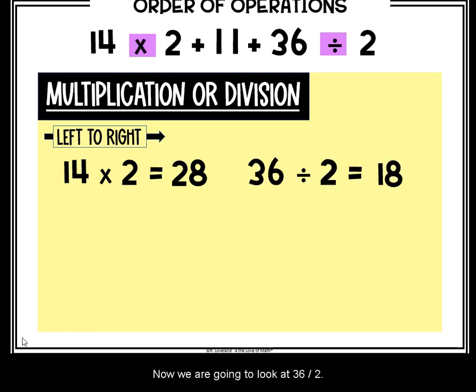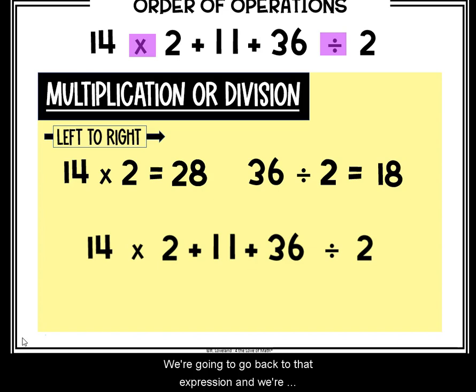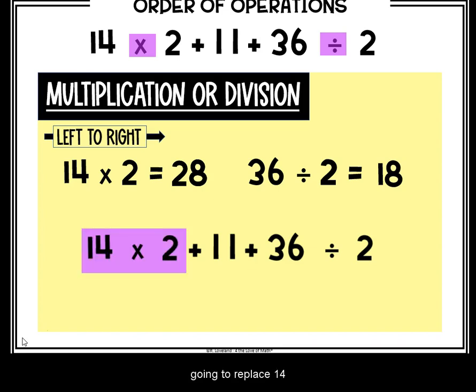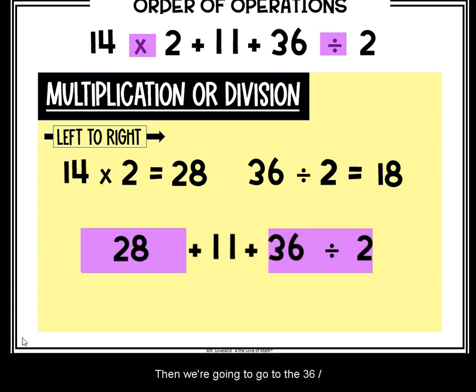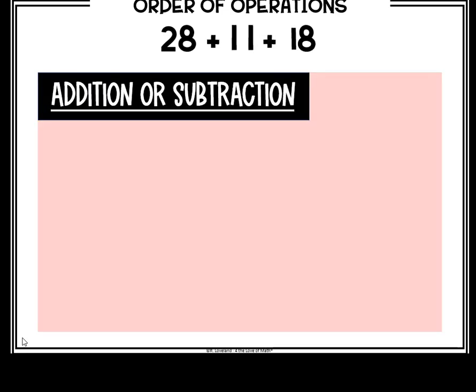Then we're going to look at 36 divided by 2. We know 36 divided by 2 is 18. So we're going to go back to that expression, and replace 14 times 2 with 28. Then we replace 36 divided by 2 with 18. So now we have another expression to finish solving. We have 28 plus 11 plus 18.